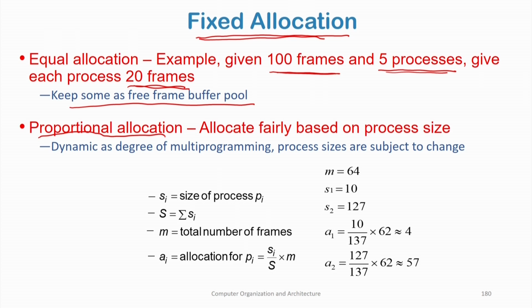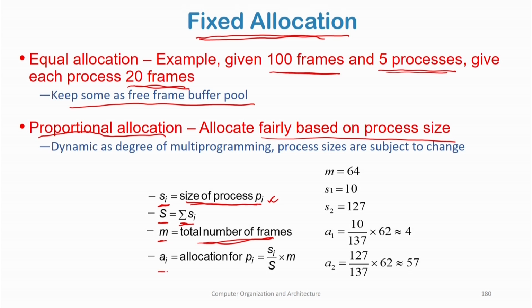Otherwise, we can do a proportional allocation. I allocate fairly based on the process size. Let Si be the size of process Pi, say in number of pages, and capital S be the summation of the number of pages over all processes that are currently active, and let M be the total number of frames in physical memory.